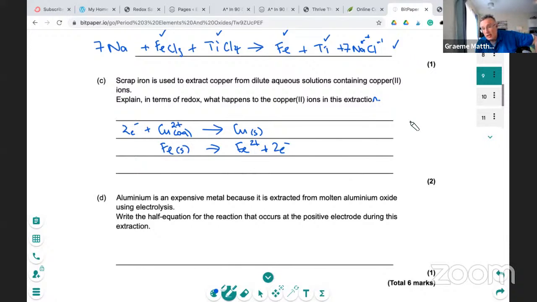It could be Fe +2, could be Fe +3. Which one is it most likely to be? Answer: Fe2 plus. Why? Well, simple. Energetically favorable, because every time you remove a valence electron, it takes more energy to do so. So therefore, the lower oxidation state is more likely.